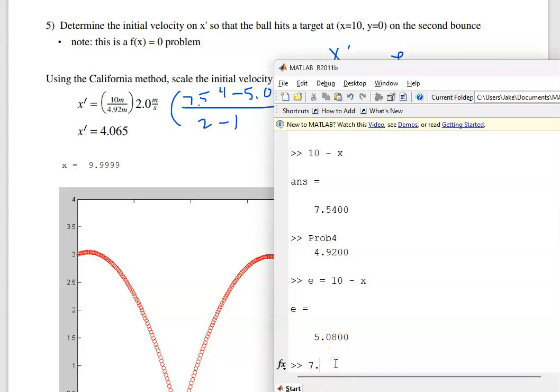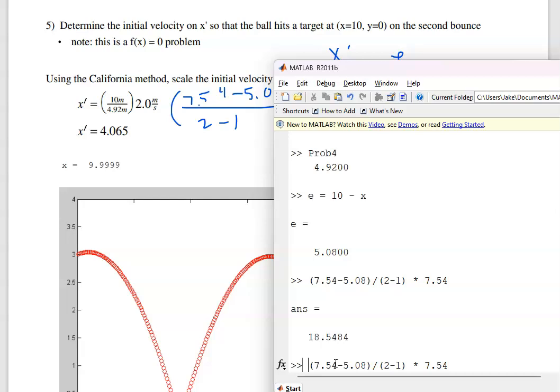So 7.54 minus 5.08 over 2 minus 1 times 7.54. That's how much I want to change. I got that backwards. 2 minus 1 over that.